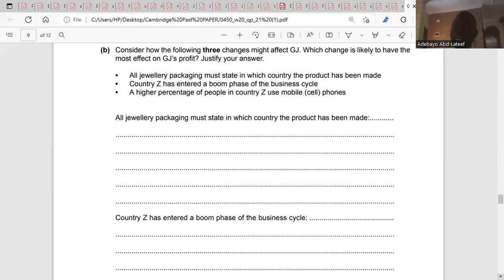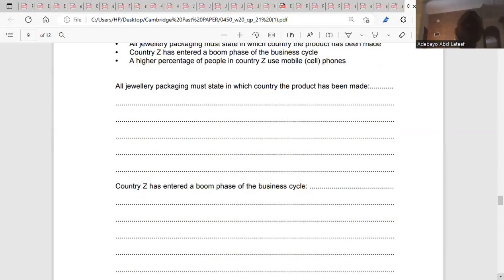That will increase the aggregate demand in such economy, which means a lot of customers will be buying GJ's jewelry. Do you get it? Because the country is witnessing boom, the economy is doing well. It means that income level would have risen in such country, which means the demand for products, even luxury products like jewelry, will increase because people have more money to spend. Clear.